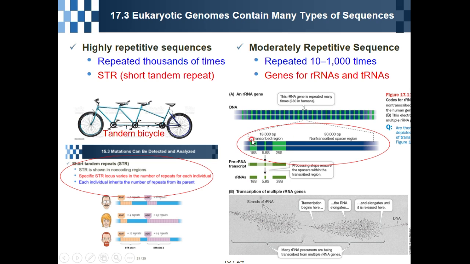But this is repeated 280 times. So our rRNA gene is repeated 280 times like this. In our genome, our rRNA gene is repeated 280 times. This, we call it moderately repetitive sequence.